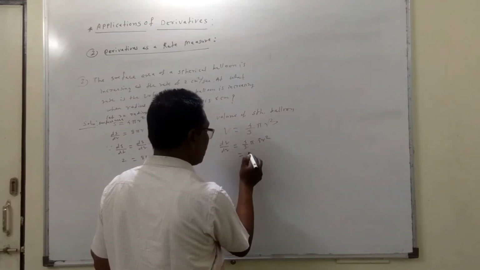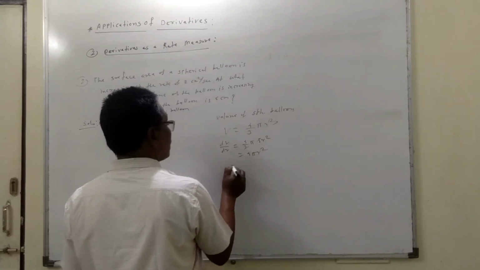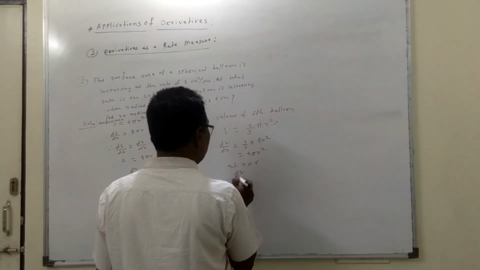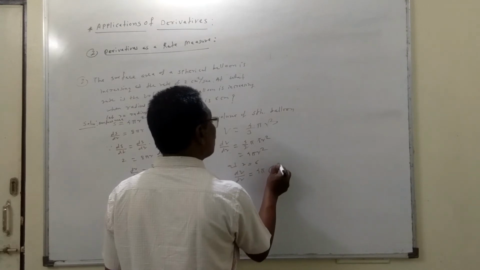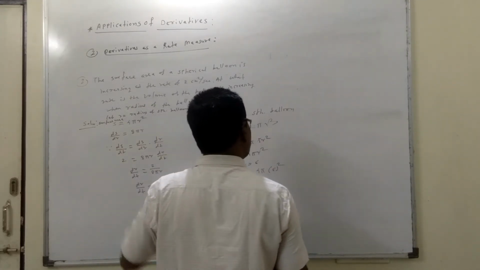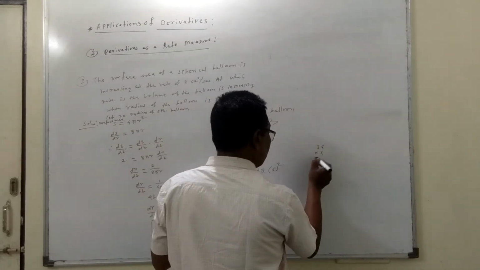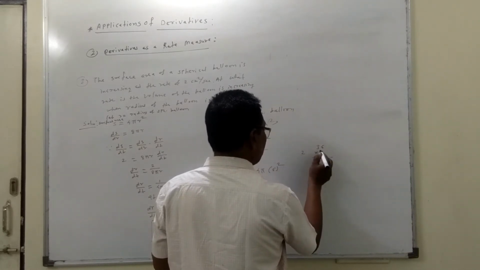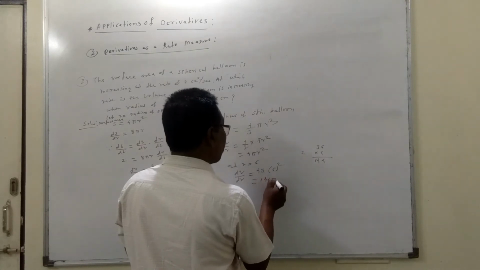So 3 gets cancelled, so 4 pi r square. And r is equal to 6. dv upon dr is equal to 4 pi 6 square, so 36 into 4, so 144 pi.